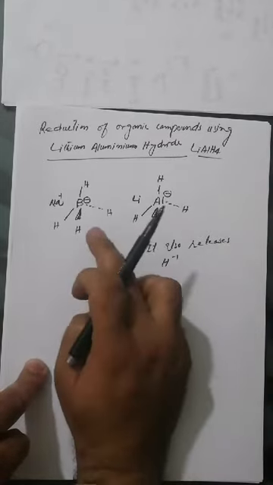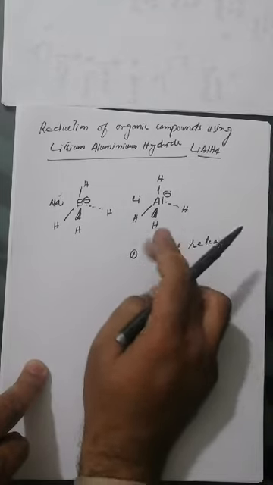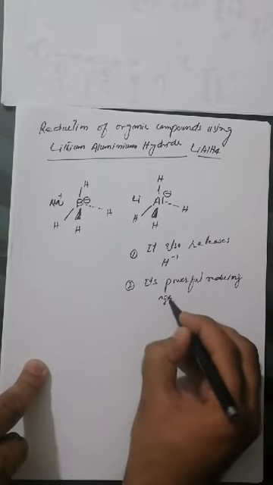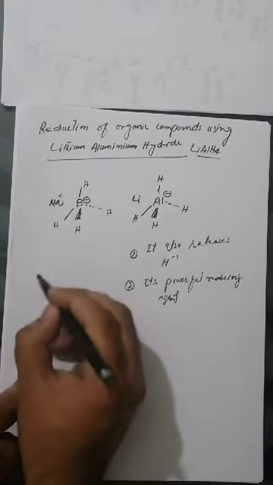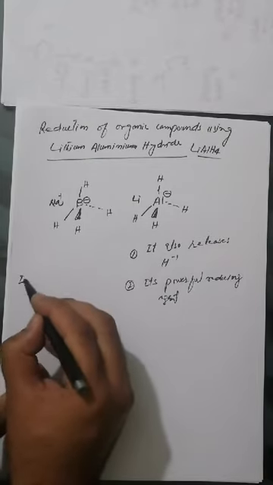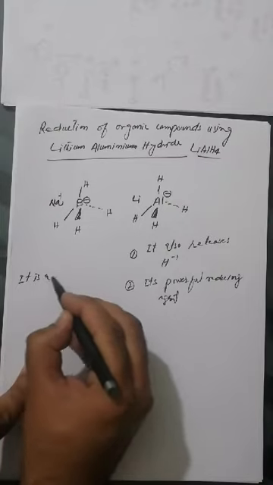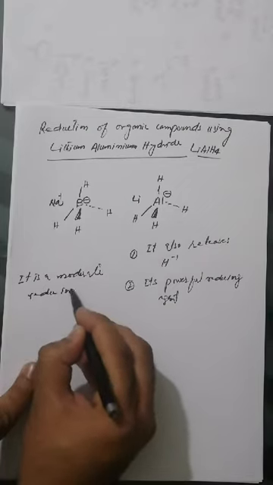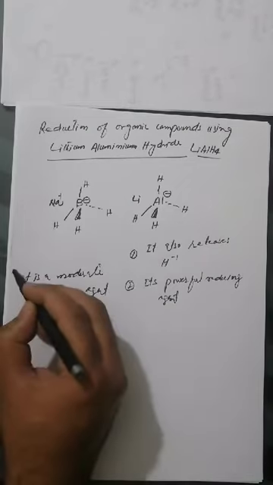Now let's compare the reactivity of these two reagents. We see that lithium aluminum hydride is a powerful reducing agent. Sodium borohydride is a moderate reducing agent.